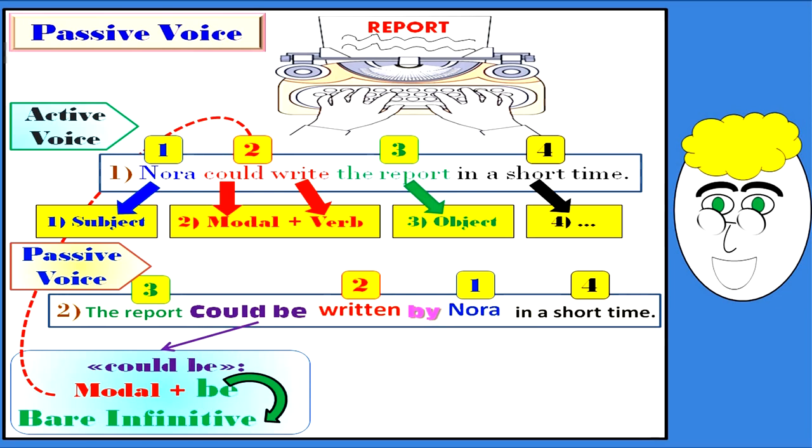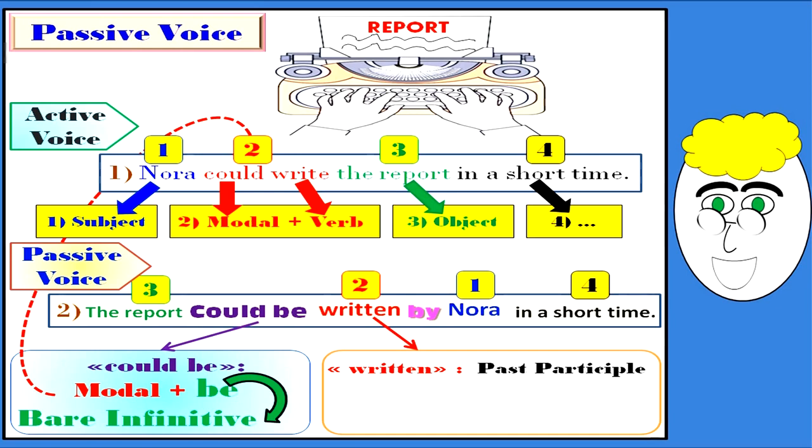The report could be. Then the second part is written. Written here is the past participle of the verb write. The verb write is the second element that we have in part number 2 in the sentence in the active voice.